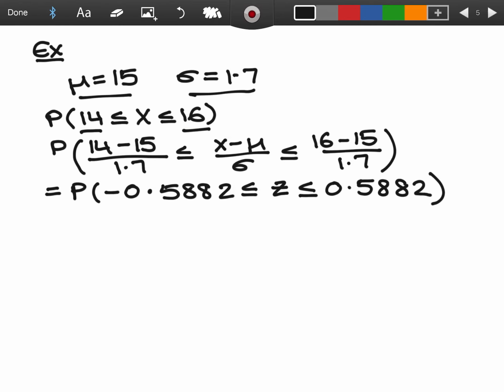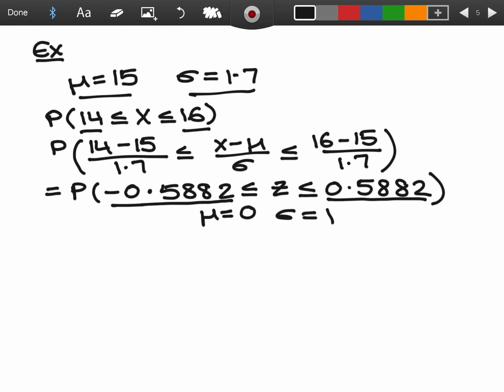So that is what you end up with. By doing the Z transformation, remember you've pulled the mean back to 0 and you've now got a standard deviation of 1. So what I could now type in is my lower bound, my upper bound, and then a mean of 0 and a standard deviation of 1.